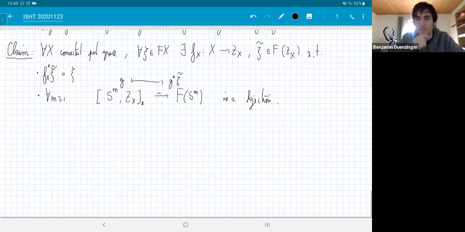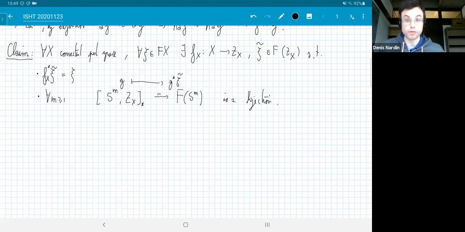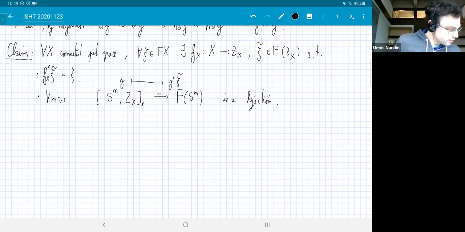Okay. So we're going back to having to prove the claim. We have a connected pointed space and a class there, and we want the universal guide giving you a bijection on homotopy groups, so to say, that lifts our class. So, what's the first thing we can do?